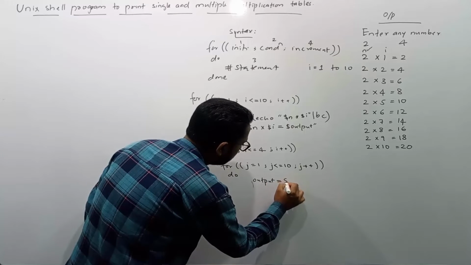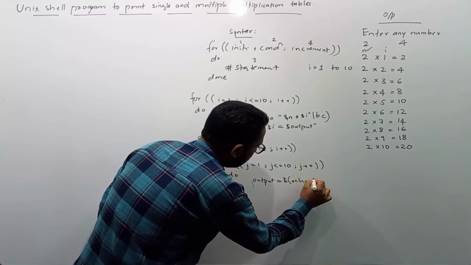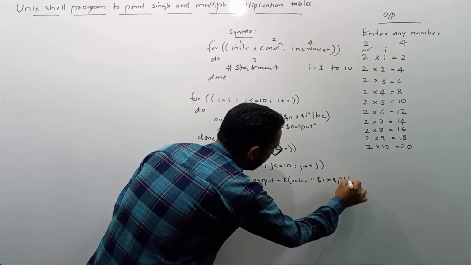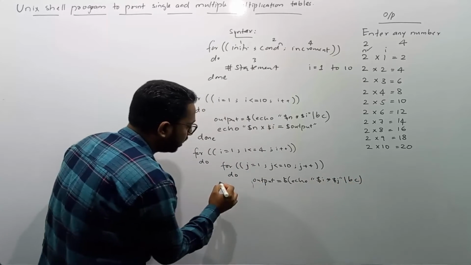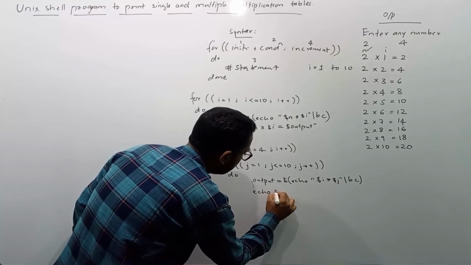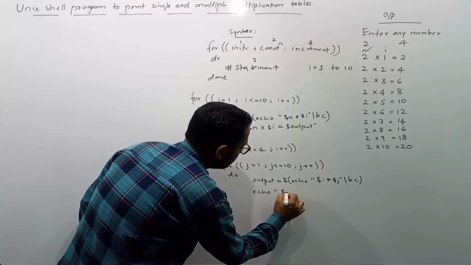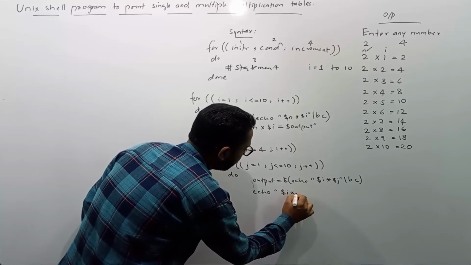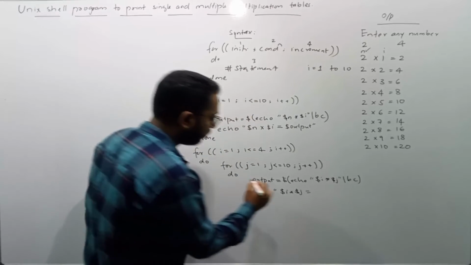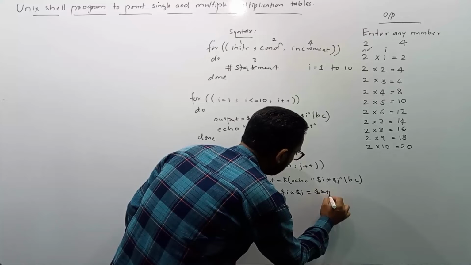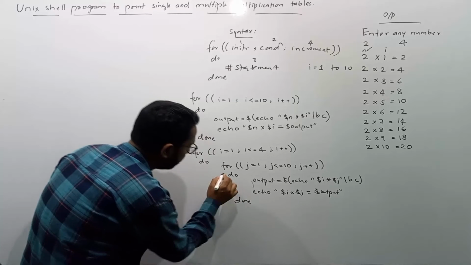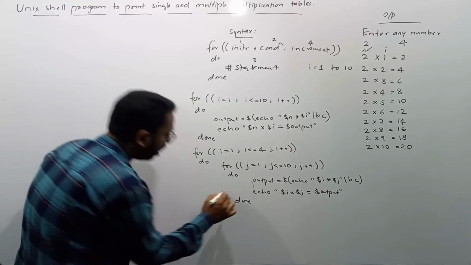Output is equal to dollar, echo, $I multiplied with $j, pipe bc, and then I need to print this: echo $I into $j is equals to dollar output. Then done. The inner for loop gets closed, and here the outer for loop gets closed.